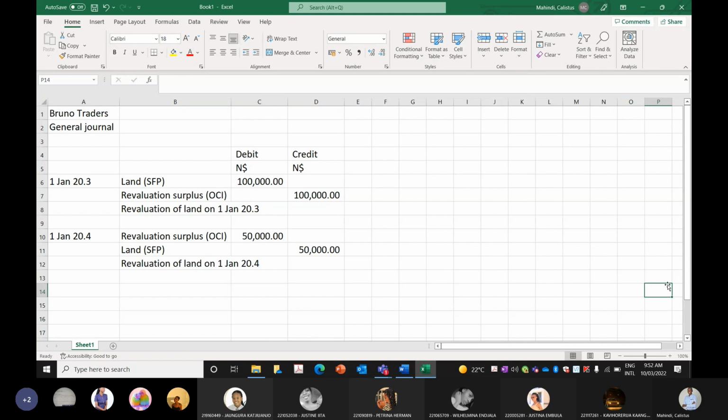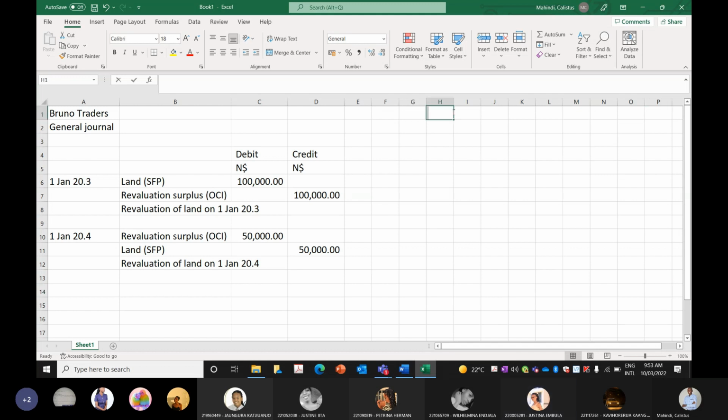So let us say it had been revalued to a lower amount. Let me actually write it in Excel.